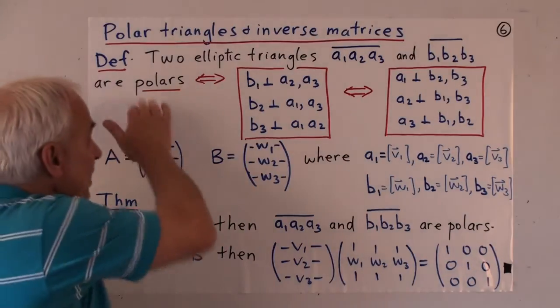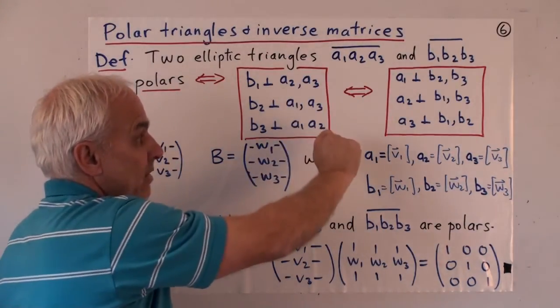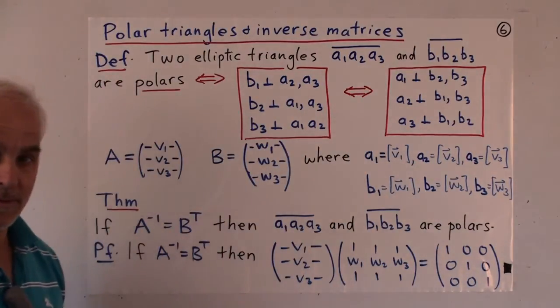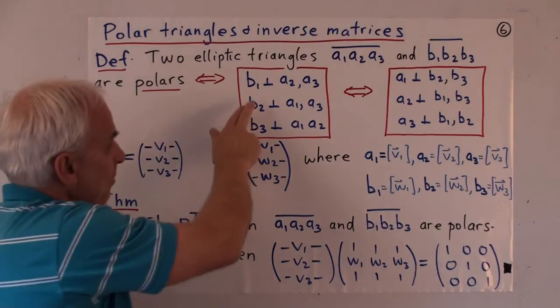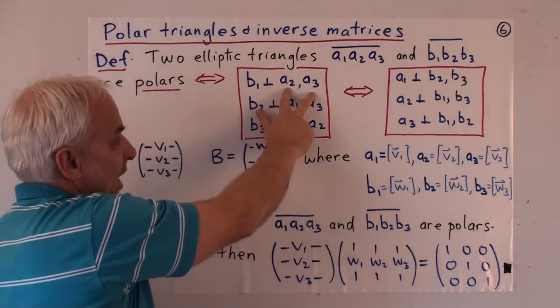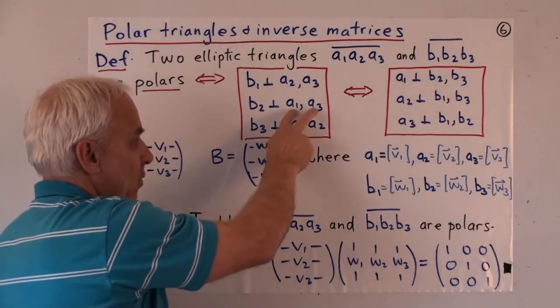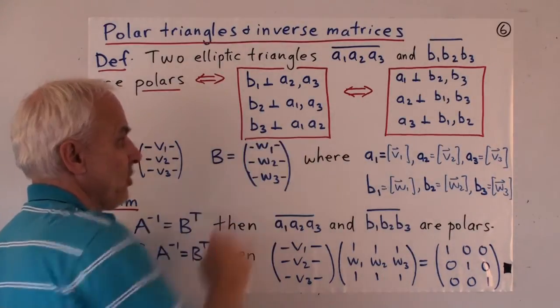So first let's make a definition: two elliptic triangles, say A1, A2, A3 and B1, B2, B3, are polars precisely when B1 is perpendicular to both A2 and A3, B2 is perpendicular to both A1 and A3, and B3 is perpendicular to both A1 and A2.